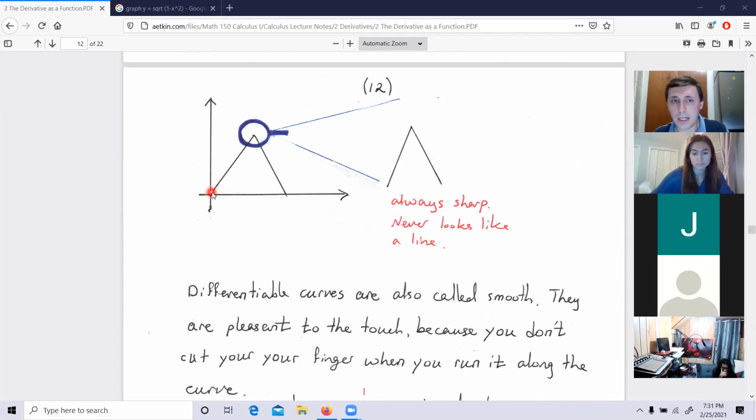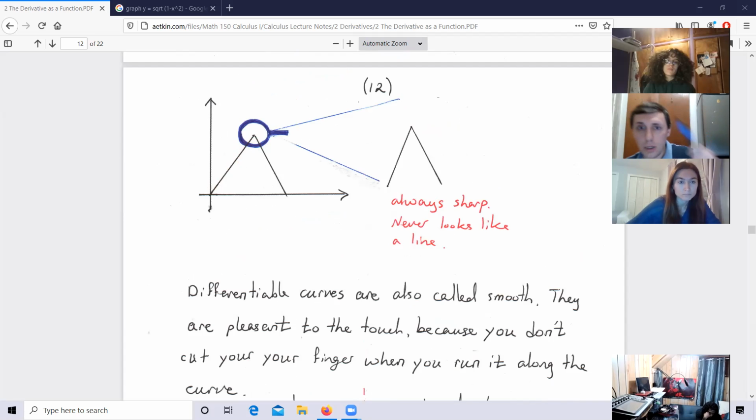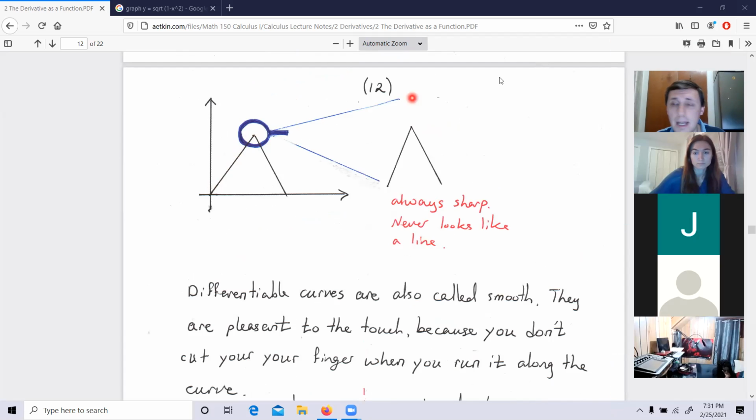Look what happens here, guys. If you zoom in at the left leg, no matter how much you zoom in, you are going to see a straight line. If you zoom in on a straight line, you continue seeing a straight line. This straight line has a positive slope. So anywhere you zoom in, it looks like you're observing the same slope.